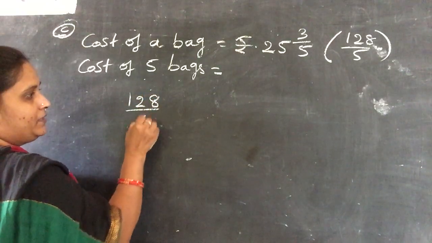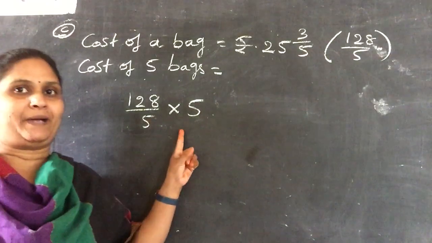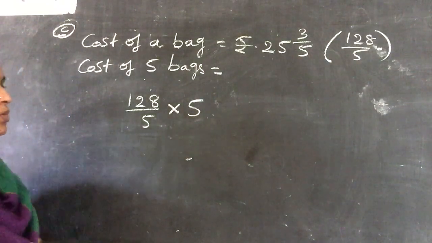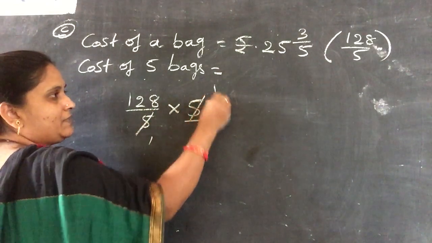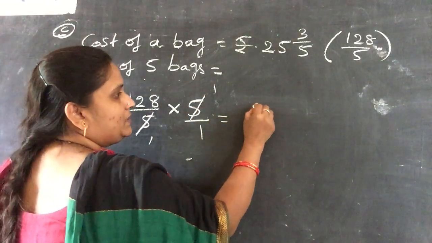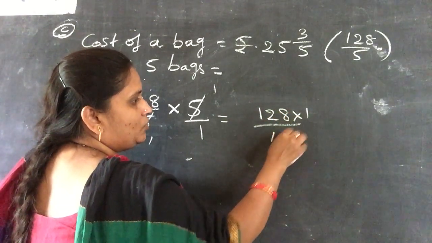Okay, now 128 by 5 into 5, because we have to find the cost of 5 bags. So now do the cross division. 5 ones are 5, 5 ones are 5. What is left over, children? 128 into 1 by 1 into 1.